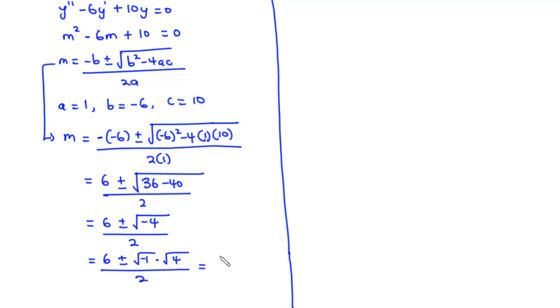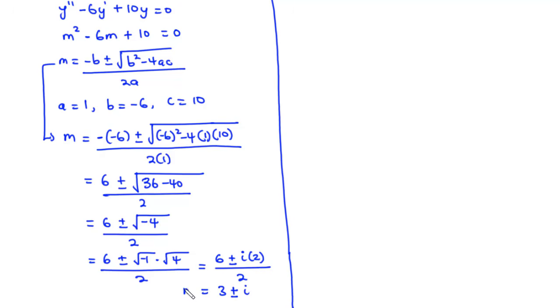Here we can express this as 6 plus or minus, the square root of negative 1 is i, the imaginary unit, and the square root of 4 is 2, all divided by 2. So we can simply express this as 6 divided by 2 is 3, so 3 plus or minus 2 divided by 2 is 1, so 3 plus or minus i.